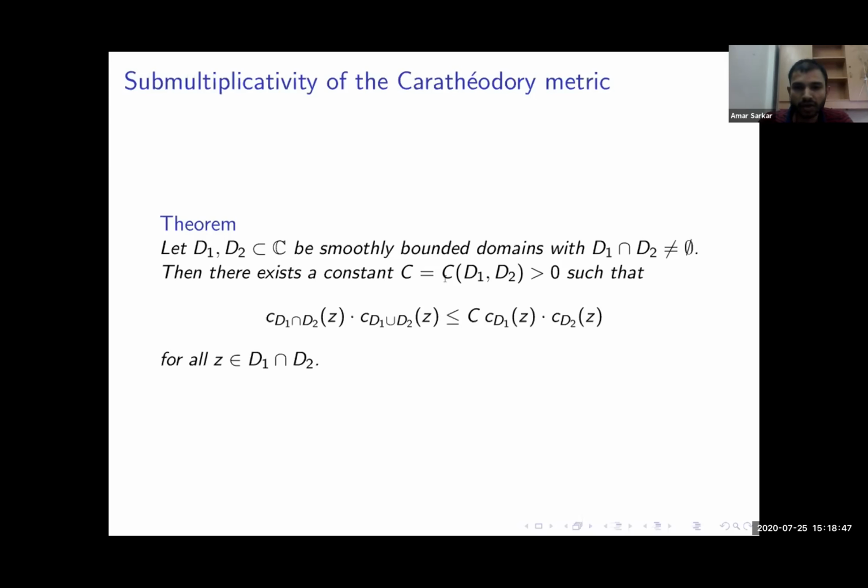This constant depends on the domains D1 and D2, and on bounds on the curvature of the Carathéodory metric. So thank you. I'll stop it.